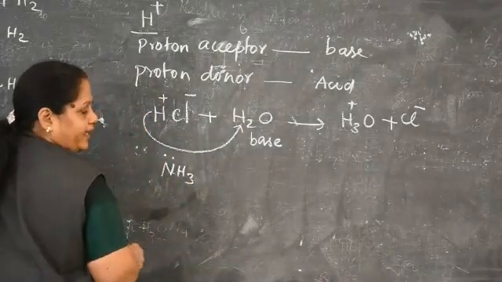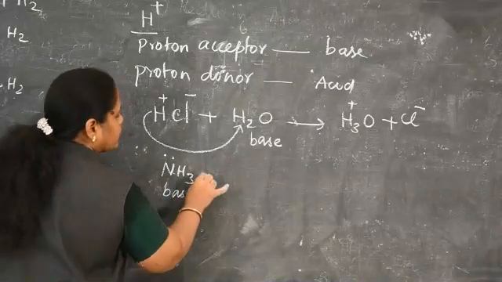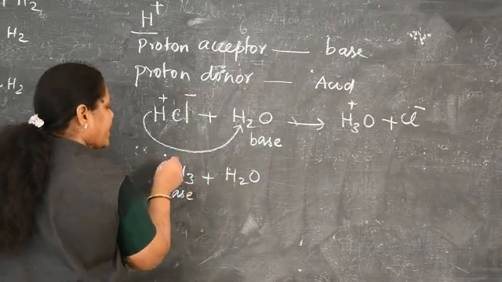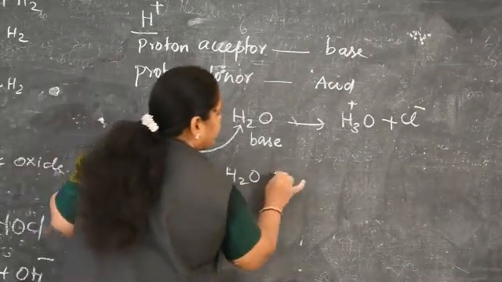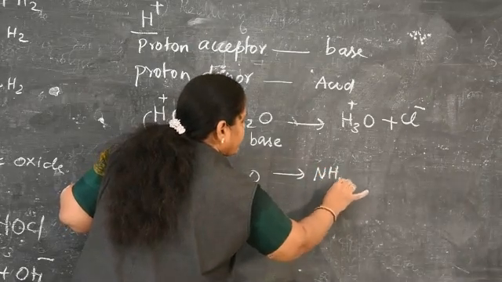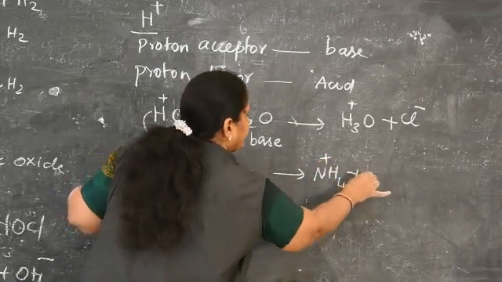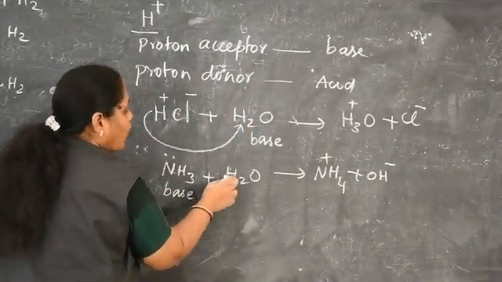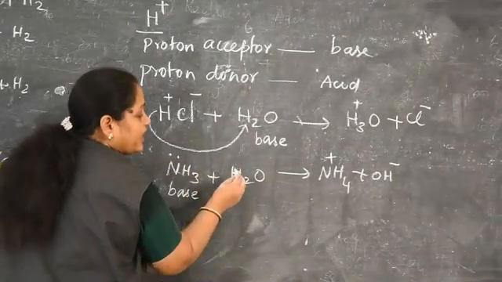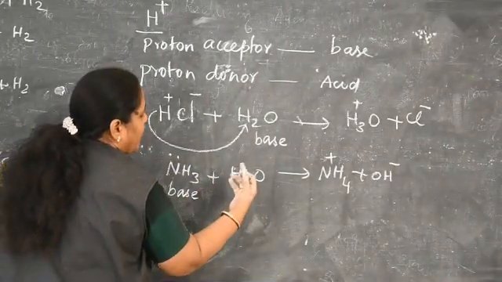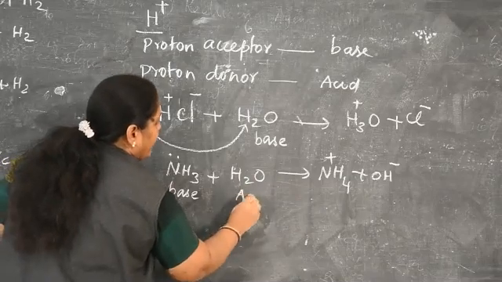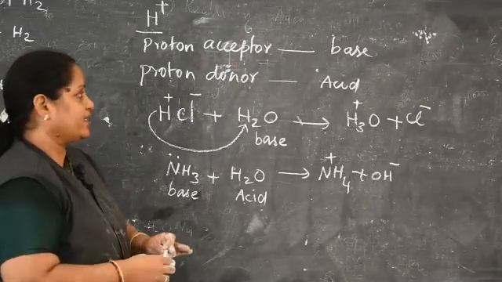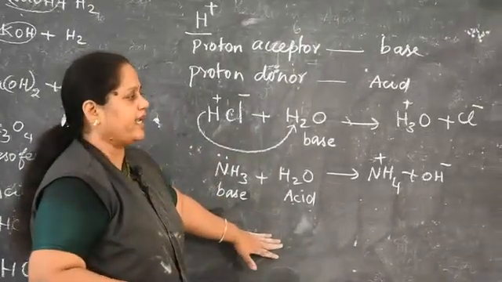It carries a lone pair, so it acts as a base. Here water is added. This water donates its H plus ion to the ammonia molecule. That's why the ammonia molecule is converted into the ammonium ion and liberates OH minus. So here H plus is obtained from the water molecule, not from ammonia. So it is an H plus donor; that's why here water acts as an acid. So water acts as either acid or base, and that is called an amphoteric oxide.